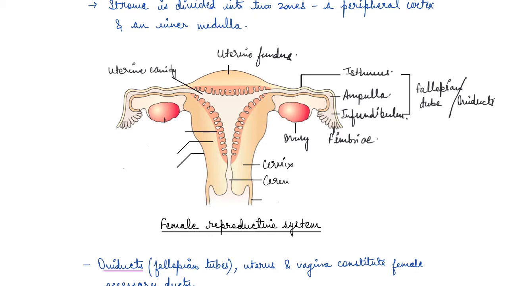This is the cervical canal and this is the vagina. Again, here there are three layers: endometrium, myometrium, and perimetrium. Okay, so we'll see this as well.